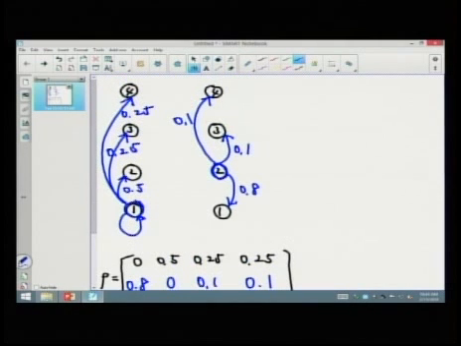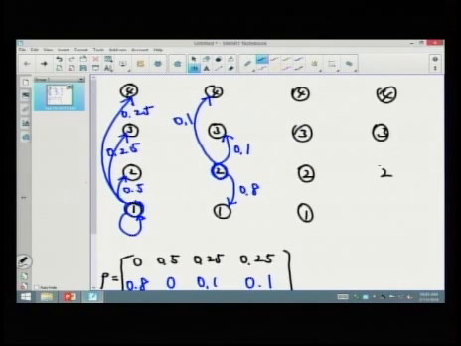So similarly, we can do this starting from state number 3 and 4. Starting from state number 3, it's going to be very similar to what happened starting from state number 2, right?